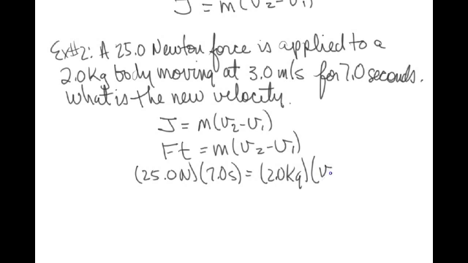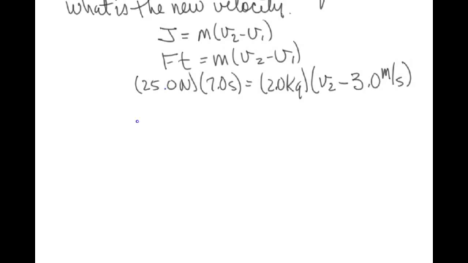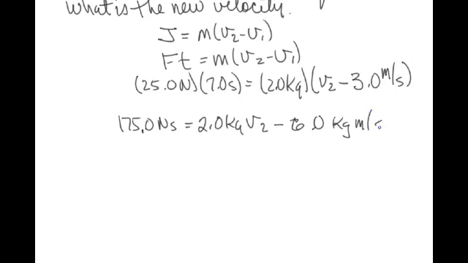V2 is what we want, that's our unknown, minus V1, the initial velocity, 3.0 meters per second. Left-hand side is 175.0 Newton seconds. Right-hand side is 2.0 kg times V2 minus 6.0 kilogram meters per second.